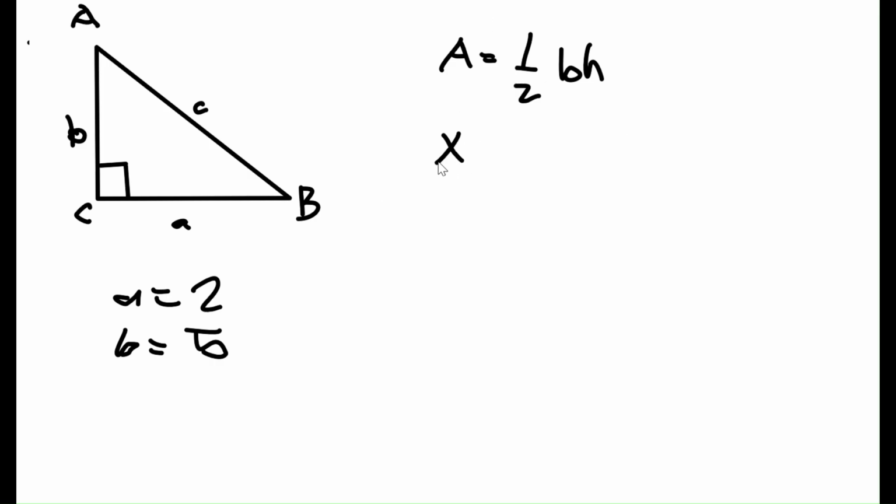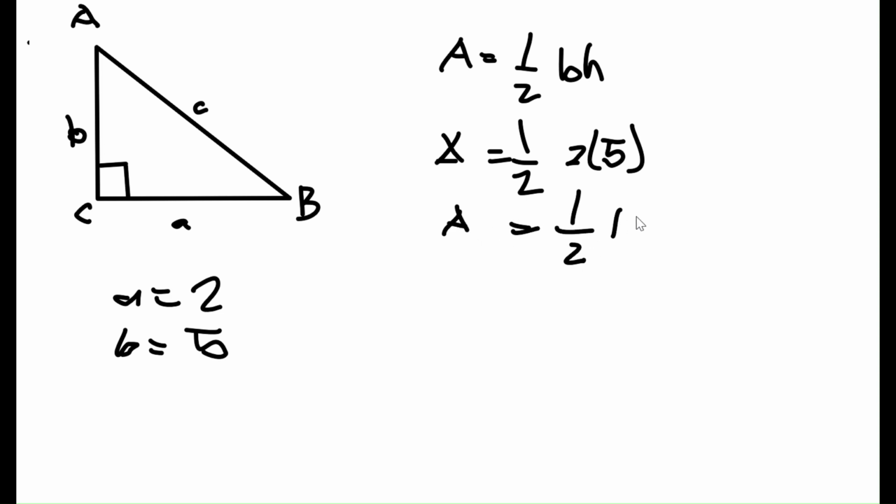So area is equal to 1/2, base 2 times height 5, that will be 10. So area is equal to 1/2 times 10, so that will be 5. So the area of this triangle is 5 meters squared, or squared meter.